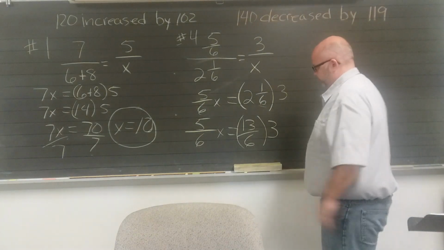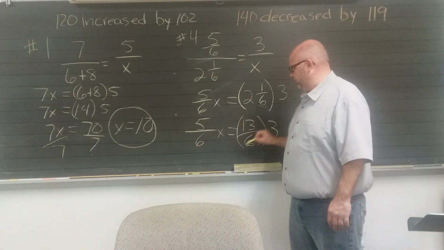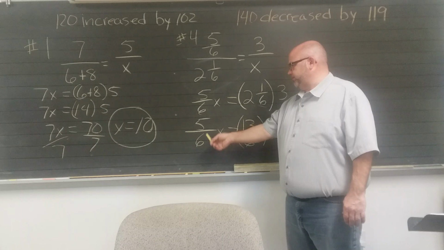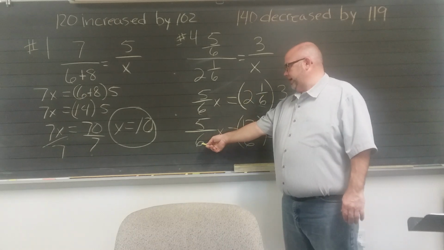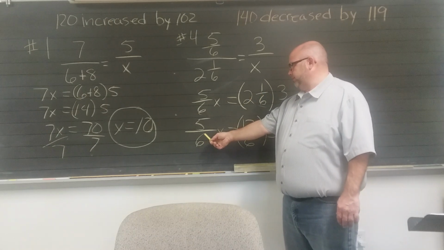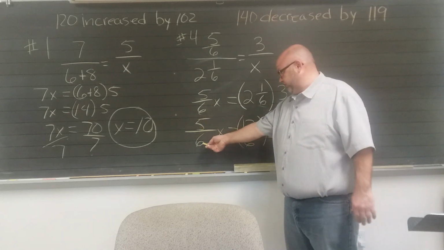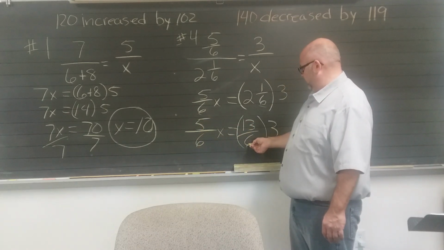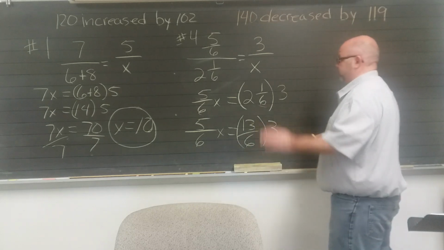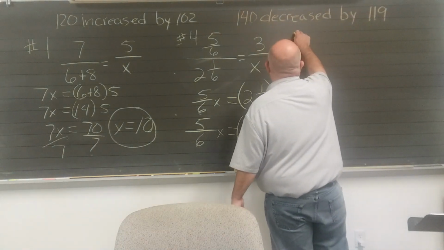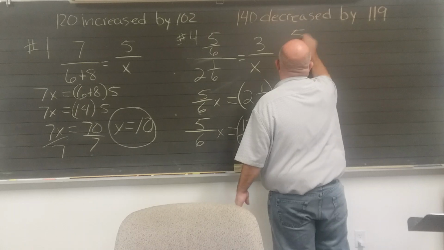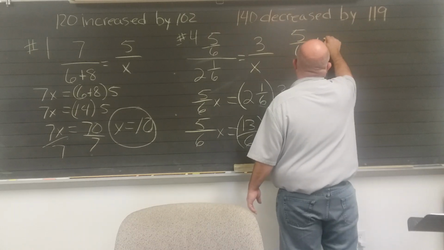Now what do we do? Remember, we need to get rid of fractions. In order to do that, you multiply by 6. This is 5 divided by 6 times 6 gets rid of the 6's. Times 6 over here will get rid of the 6. So your next equation should look like this.